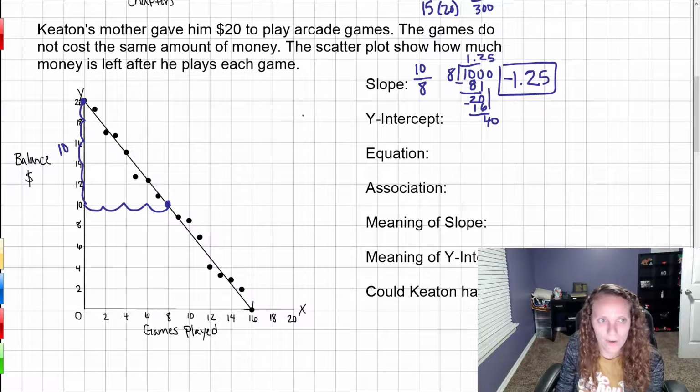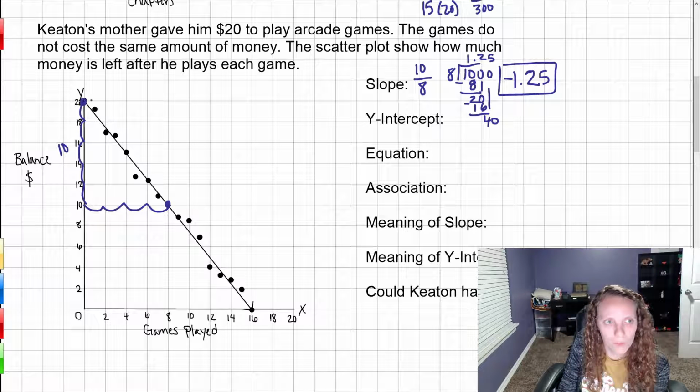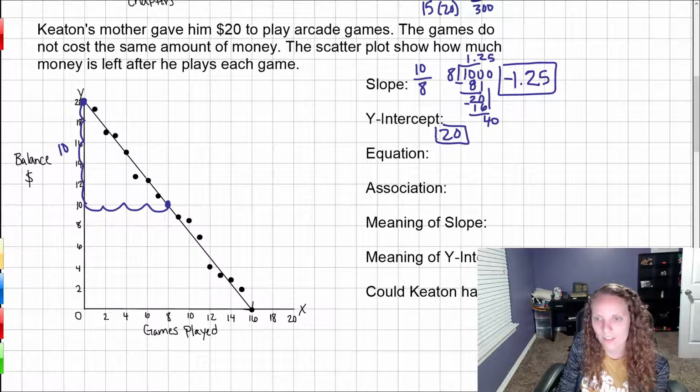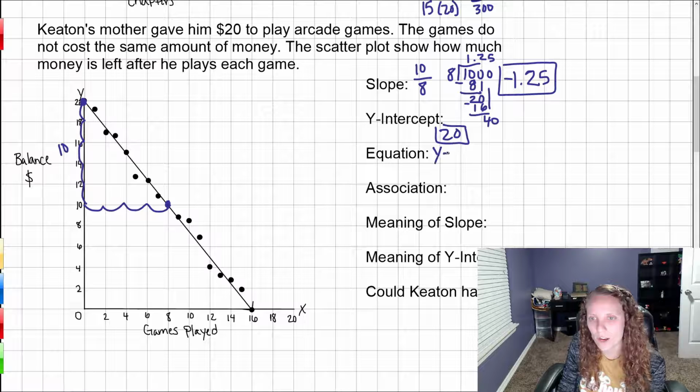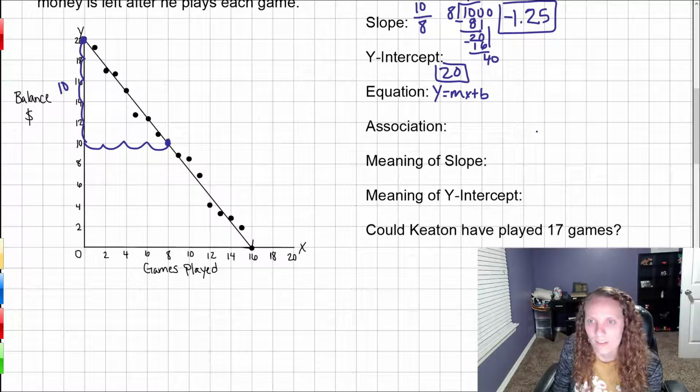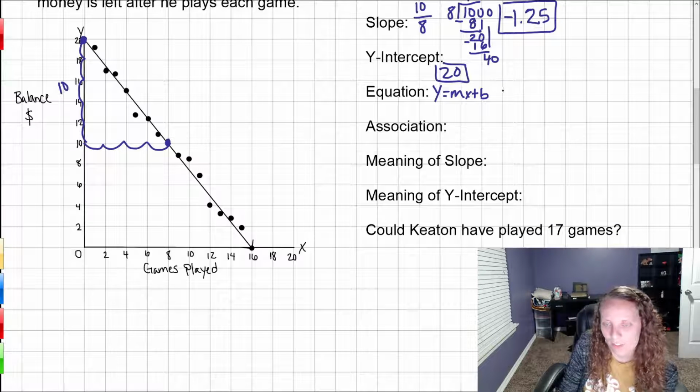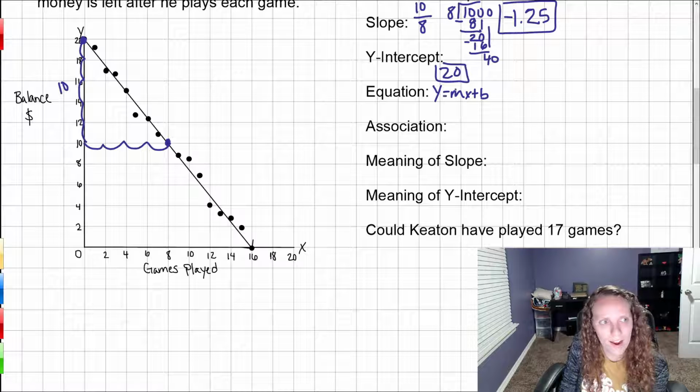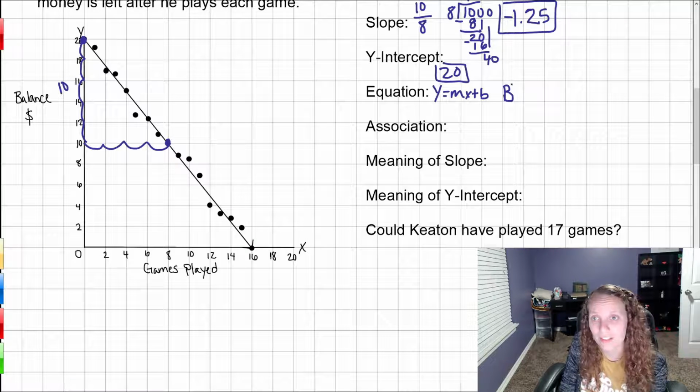Alright, now we want to know the y-intercept. Remember, the y-intercept is where it crosses the y-axis, and it crosses up here at 20. And now let's create our equation. y equals mx plus b. Actually, I'm going to change y to be the letter B for balance.